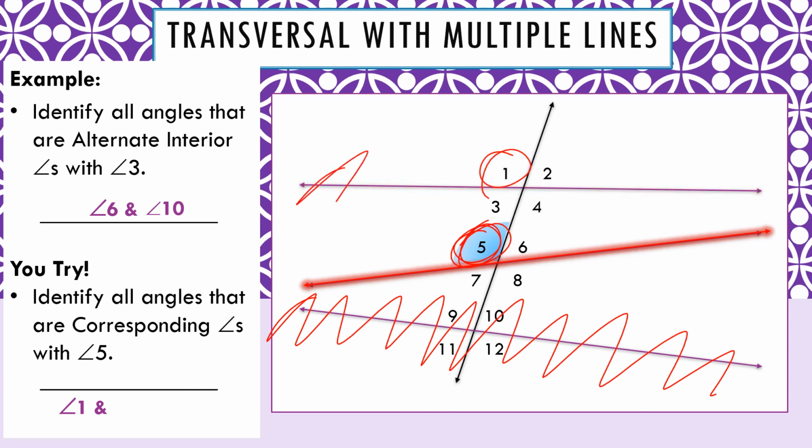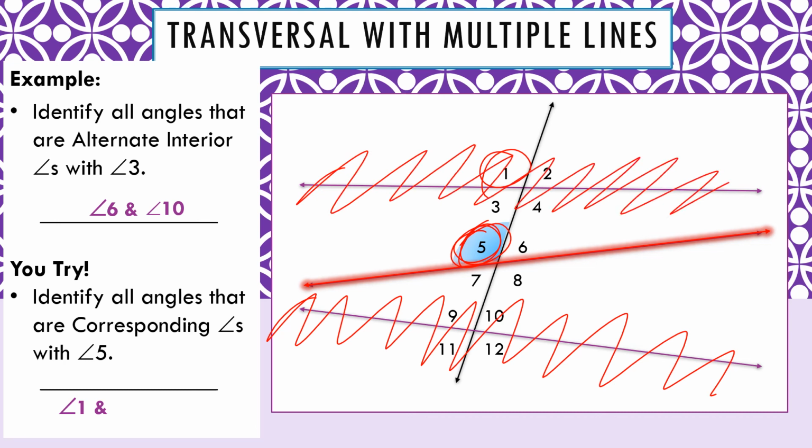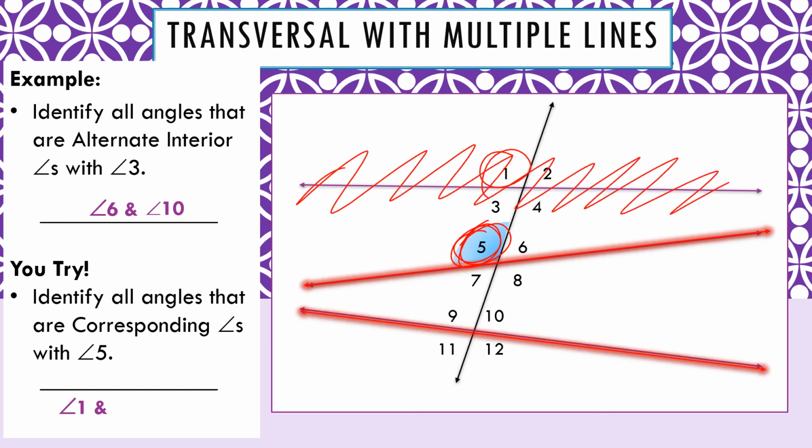Then we don't deal with the top line, we deal with the bottom 2 lines. So now corresponding, this one, angle 5, is now exterior, so I need an interior one on the same side. It can't be 7, can't be 11, it has to be 9.